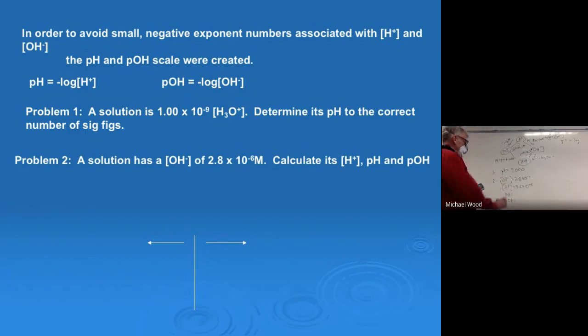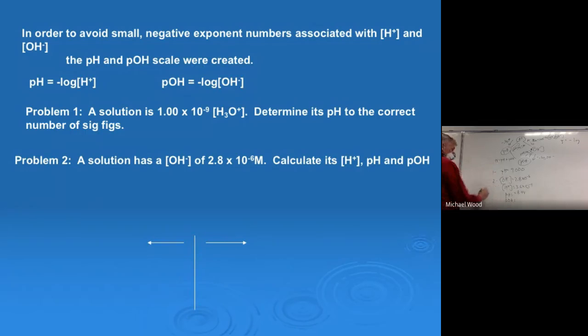Okay, now to find the pH, I'm going to do the negative log of that number. pH is about the H plus, so the negative log of 3.6 times 10 to the negative 9. This is where I got to watch sig figs. Again, when I do the logarithm, the sig figs start at the decimal. This has 2 sig figs, so that 8 is not considered significant, so it'd be 8.44.